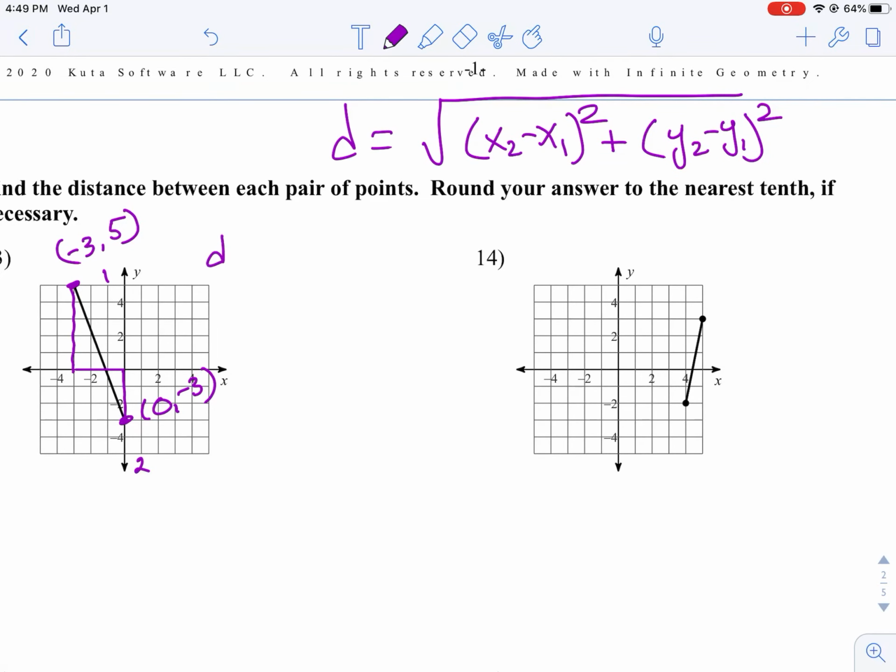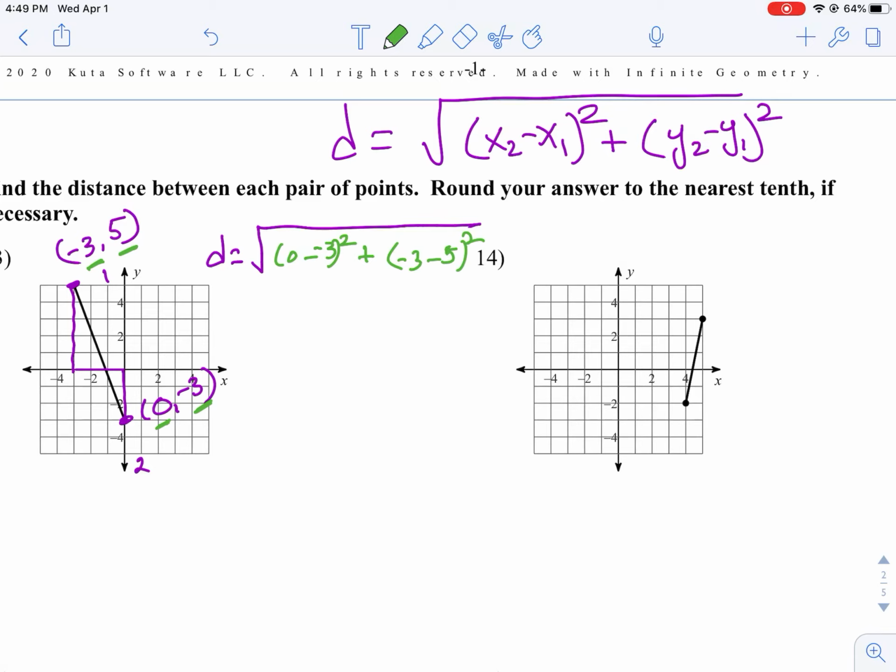So using that big formula, the distance between those 2 points is x of the second minus x of the first squared plus y of the second, negative 3, minus y of the first, 5 squared.